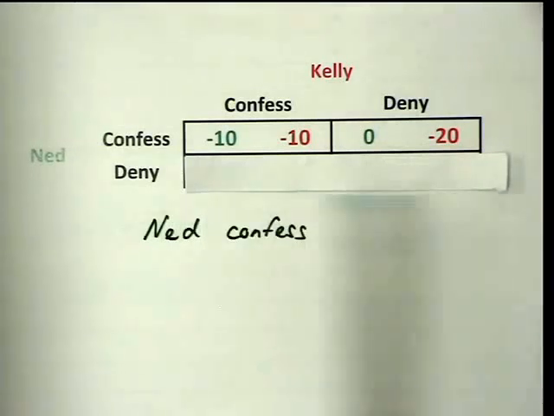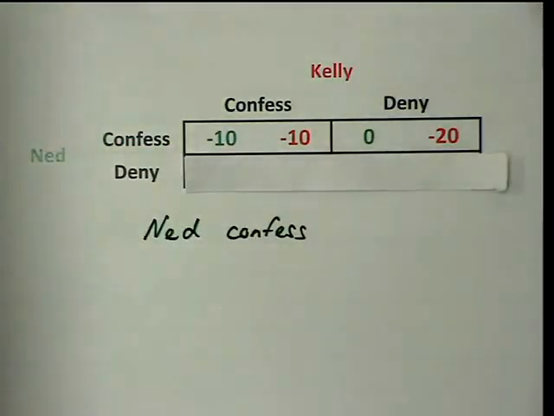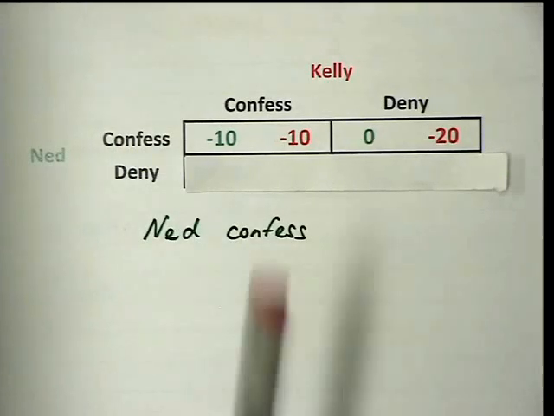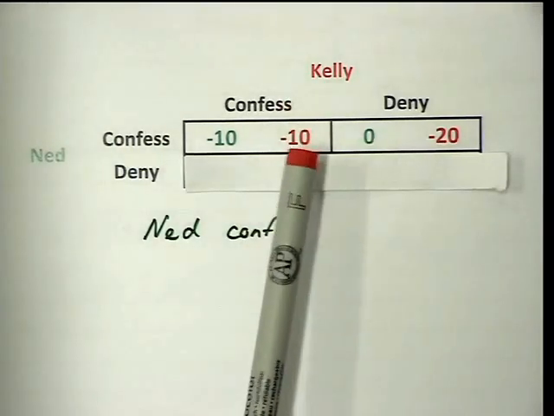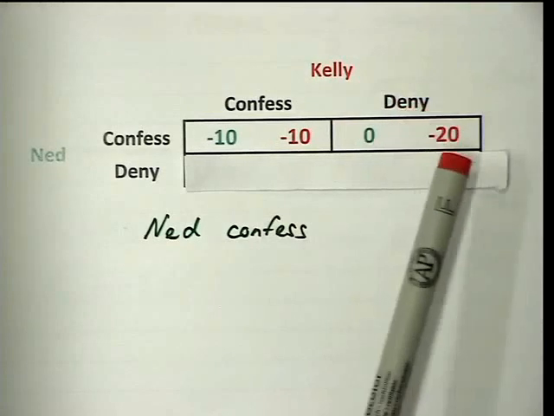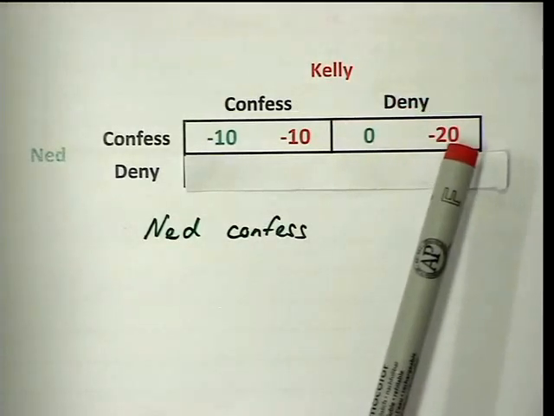I've ignored Ned deny because all I'm looking at is Ned confessing. The colors are important. So Ned is in green, Kelly is in red. If Ned confesses and Kelly confesses, Kelly will go to jail for 10 years. If Kelly denies, he will go to jail for 20.